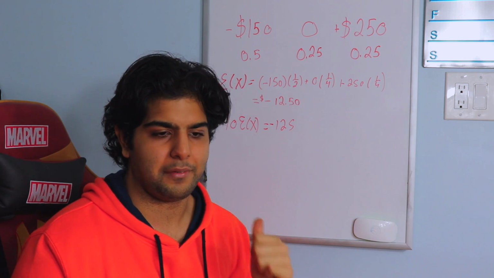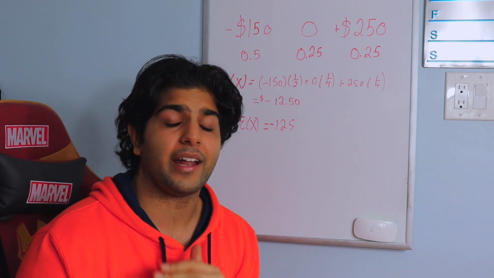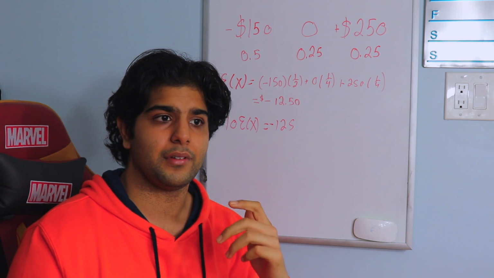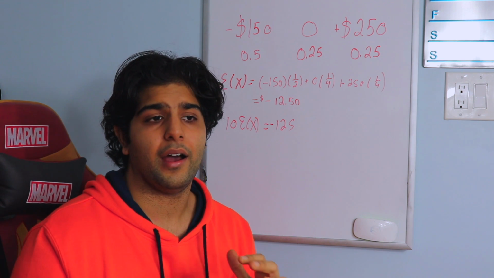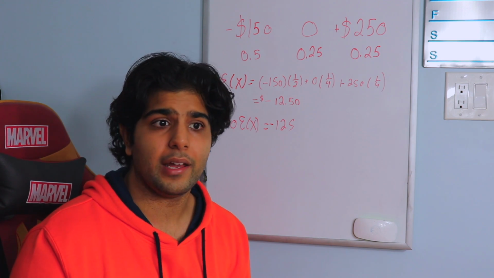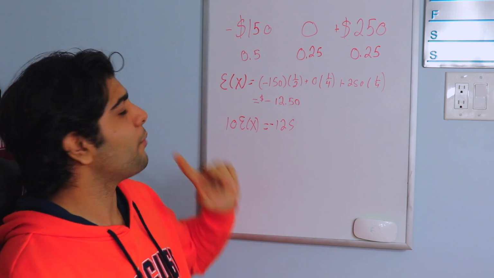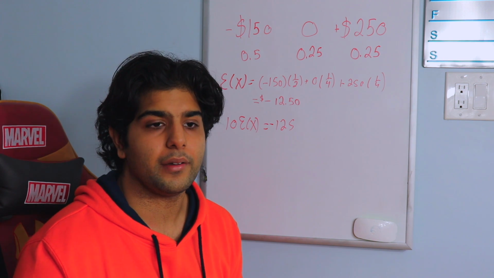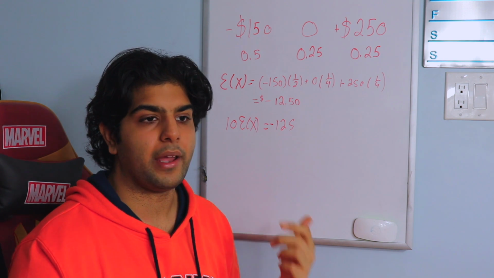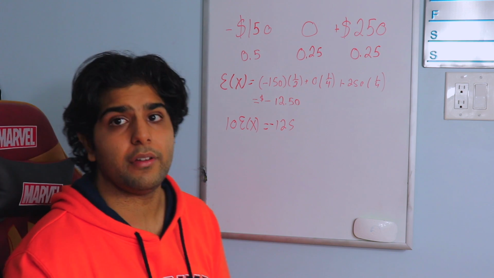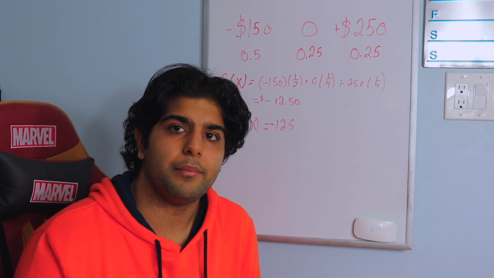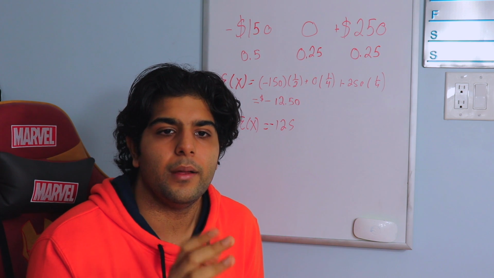You should take this information as this is not a favorable bet. I expect to lose with one turn. I might get lucky, I might win the $250, but I might end up paying the $150 as well. So that's the main concern here.